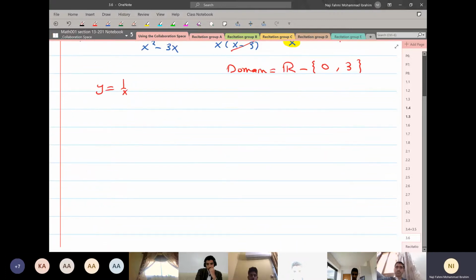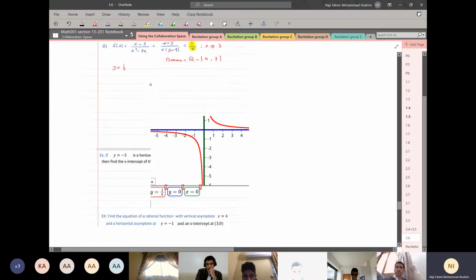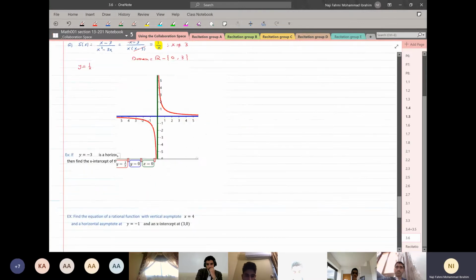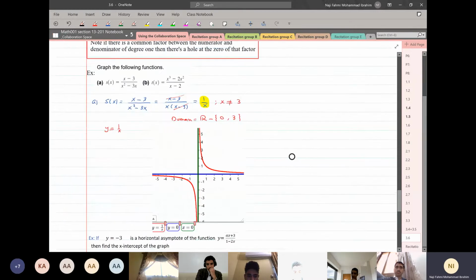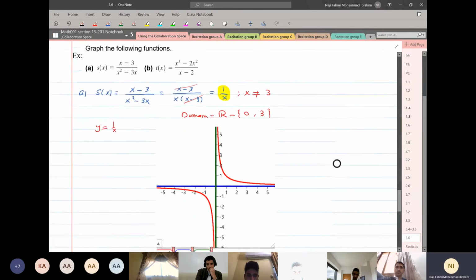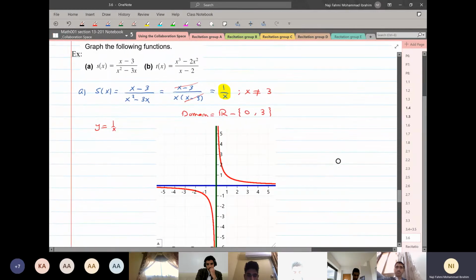Let me just do it here. This is our graph. And this is the thing that we have discussed earlier, last time. But now a question. Of course, we have a horizontal asymptote here. What's the horizontal asymptote in this graph?